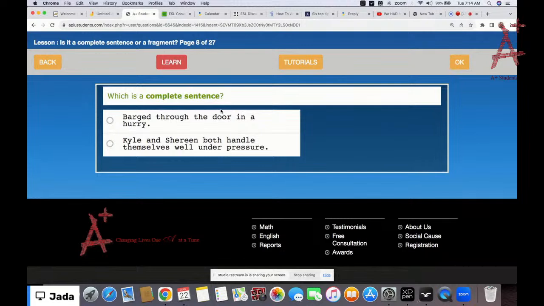But if you say Kyle and Sharon both handle themselves well under pressure, that is good. It makes sense because it's a complete sentence.